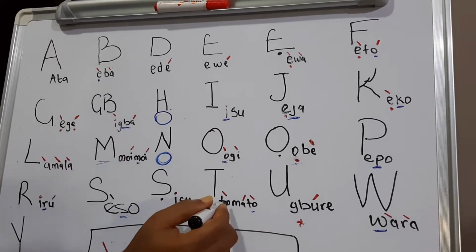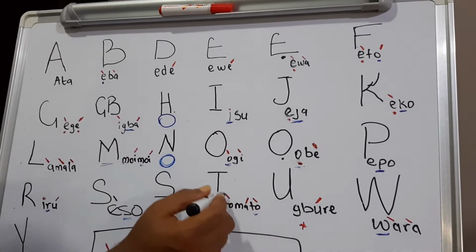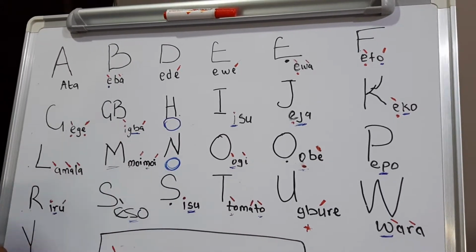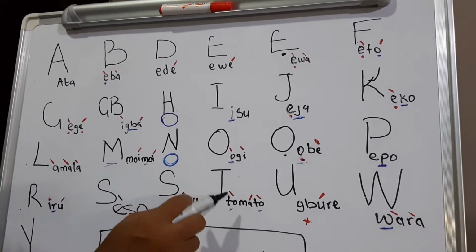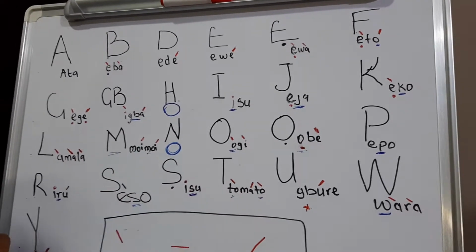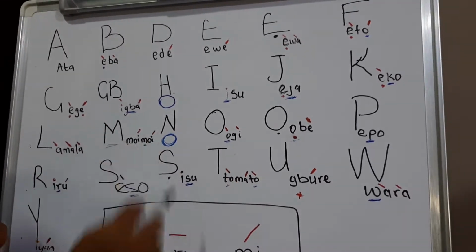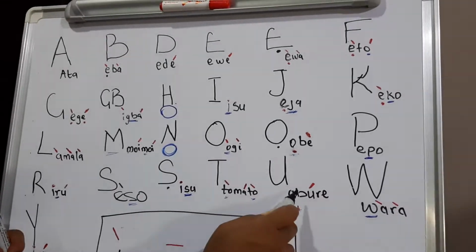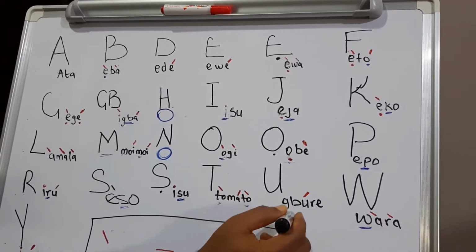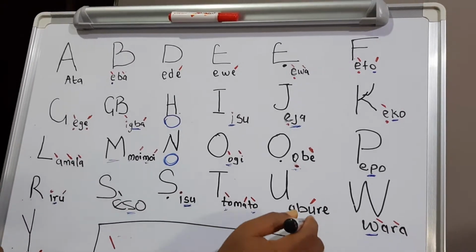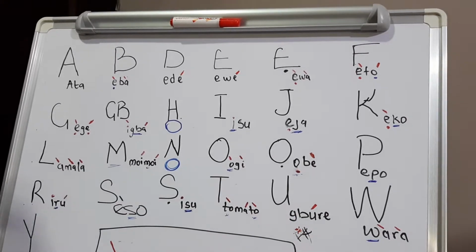Tomato, do, mi, do. Don't forget, do sound always looks to the left, while mi looks at the right. Do, mi, do. Bure, mi, re, bure. This is a complicated one. You see, I put an asterisk there.